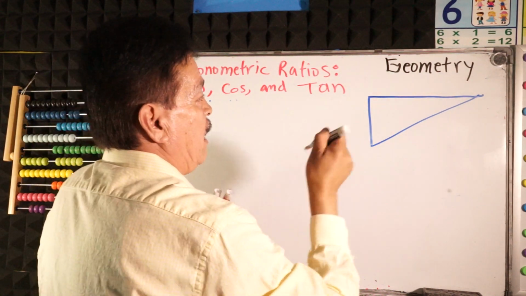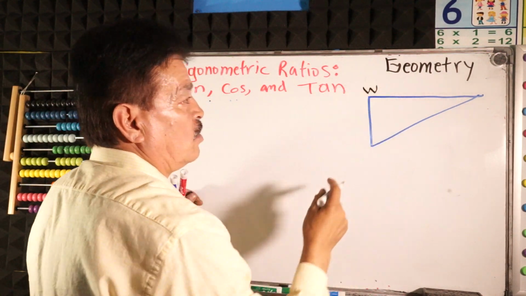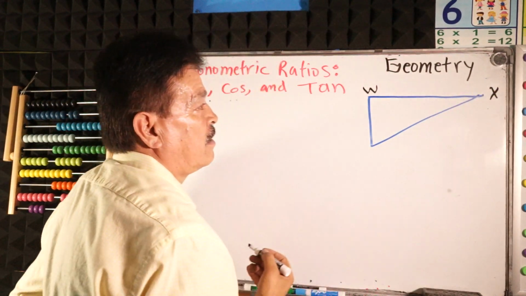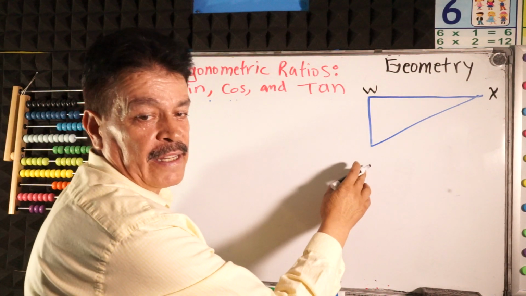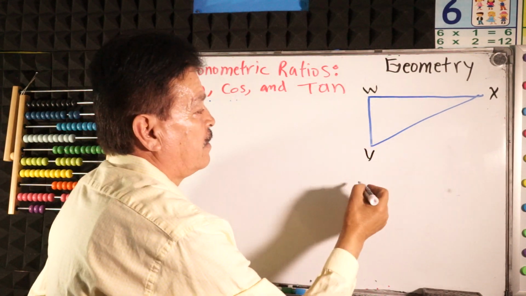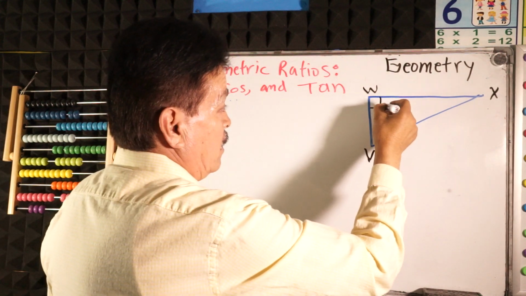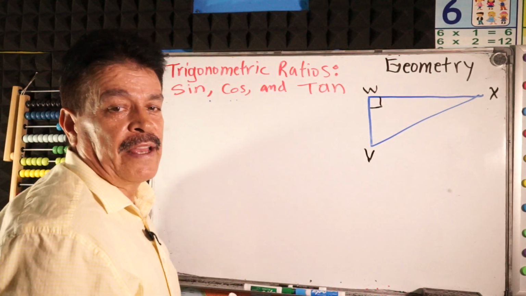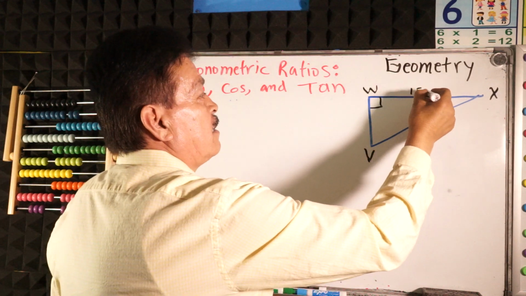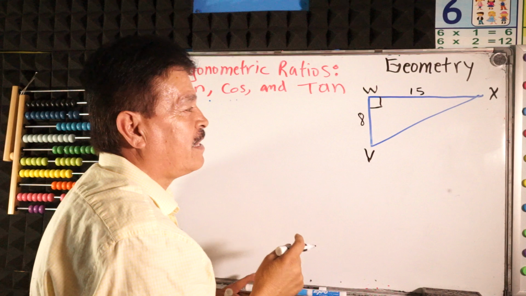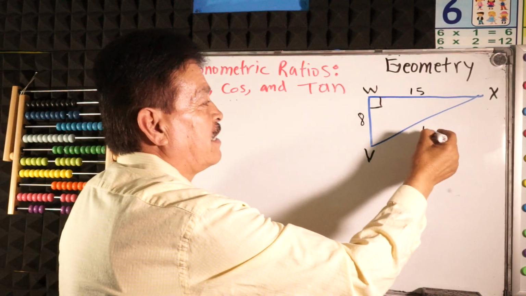I'm going to give it letters. Here is W, and then X, and then here let's write UV, BW. This angle is a right angle, and the values are 15, and here let's give it 8, and then the hypotenuse 17.